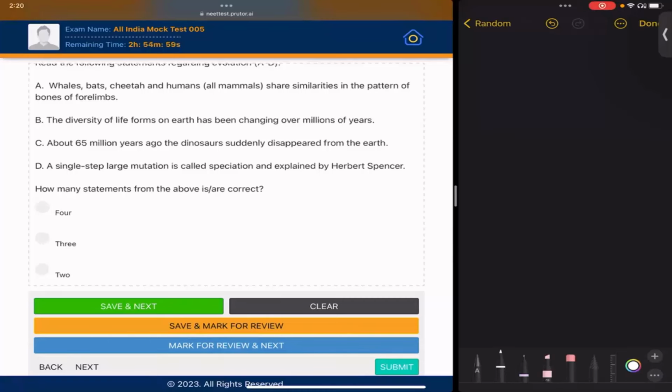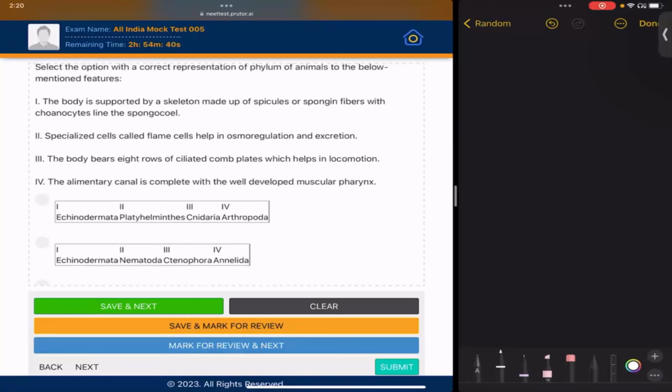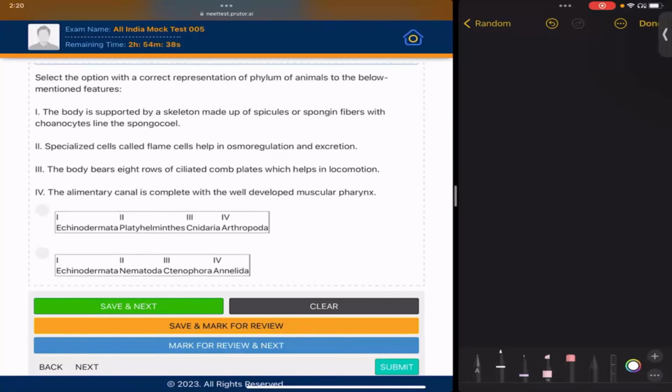Okay, this is also correct. A single step large mutation is called speciation, and explained by Herbert Spencer. This is a bit wrong. A single step large mutation is not specifically speciation. Okay, so we'll be having 3 correct, option number 2.